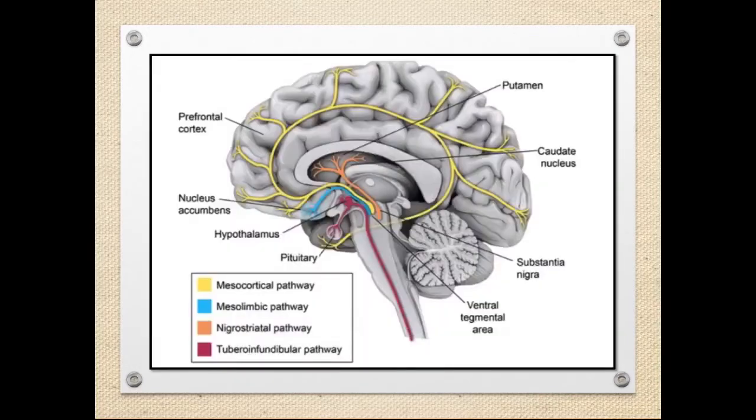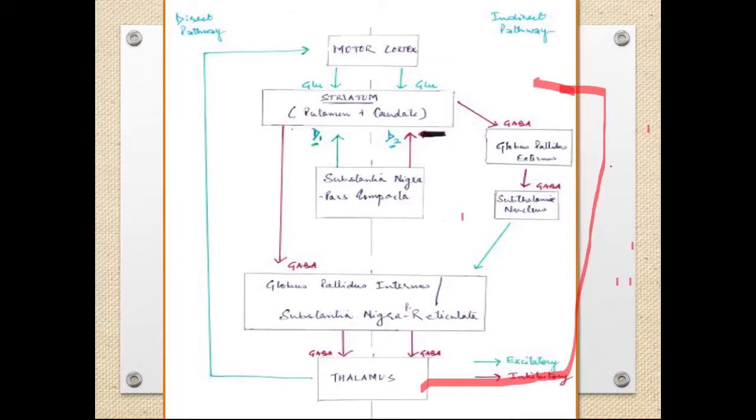And if we look over this diagram, this one I tried to draw to make all the connections simplified. We know there is input coming to the basal ganglia from the motor cortex, right?